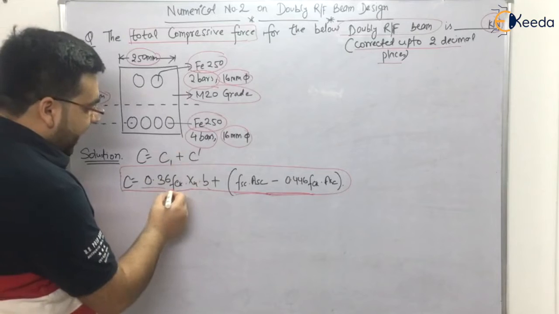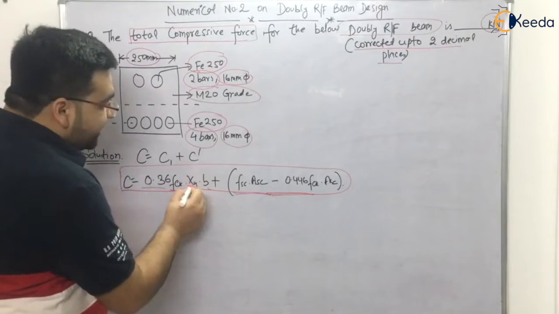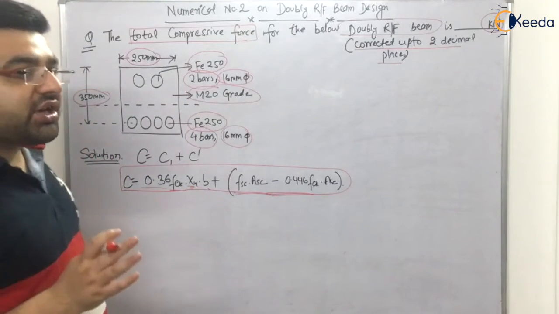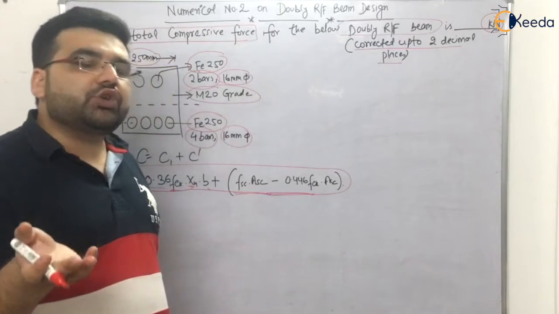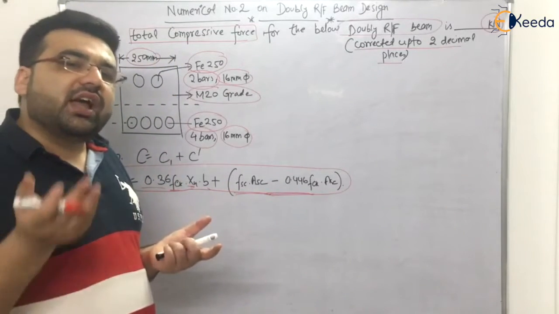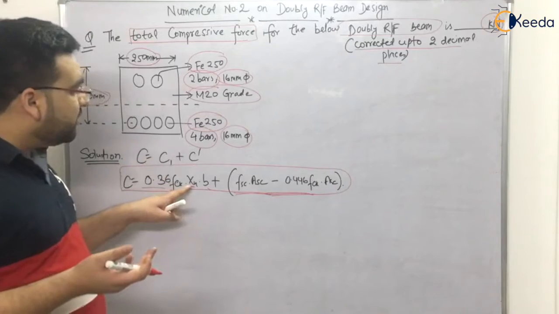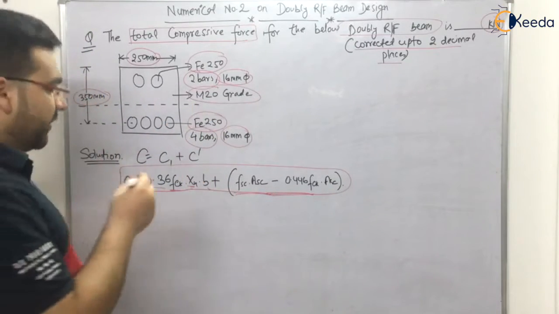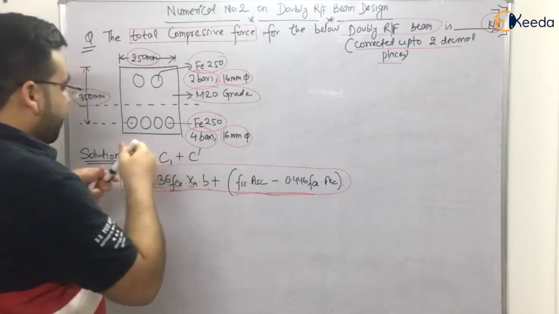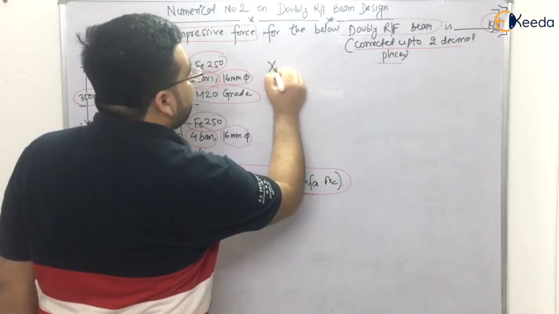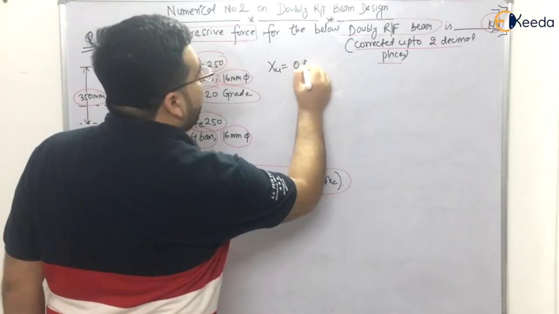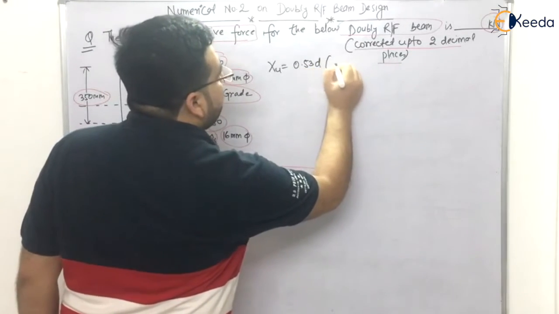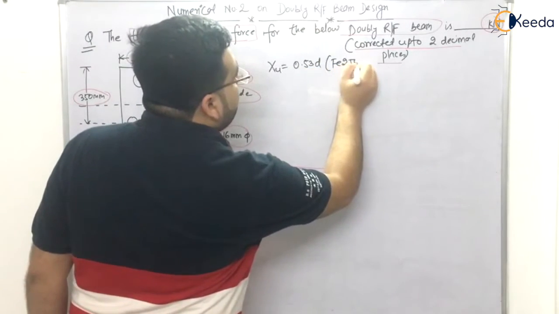Now let us see what we have and what we don't have. 0.36 is a constant, fck 20 we have, xu. Now if xu is not given in the question, what I told you is that you have to assume it to be a balanced section, and assume xu equals 0.53d for Fe 250. So I'm writing here, xu will be equal to 0.53d for Fe 250.